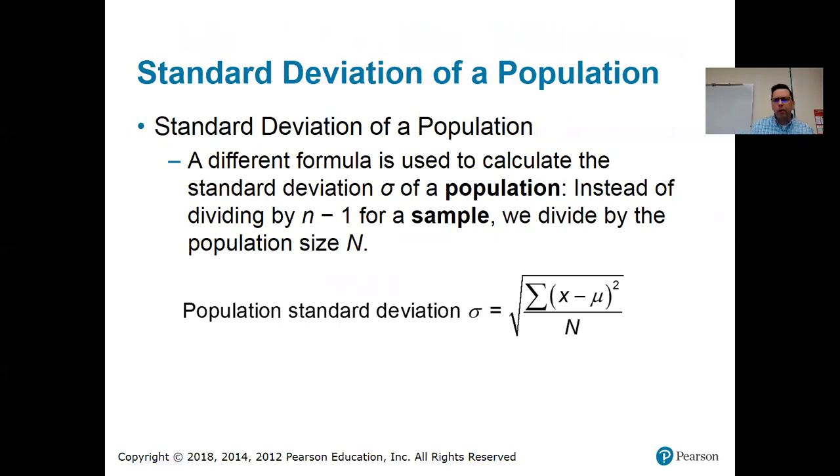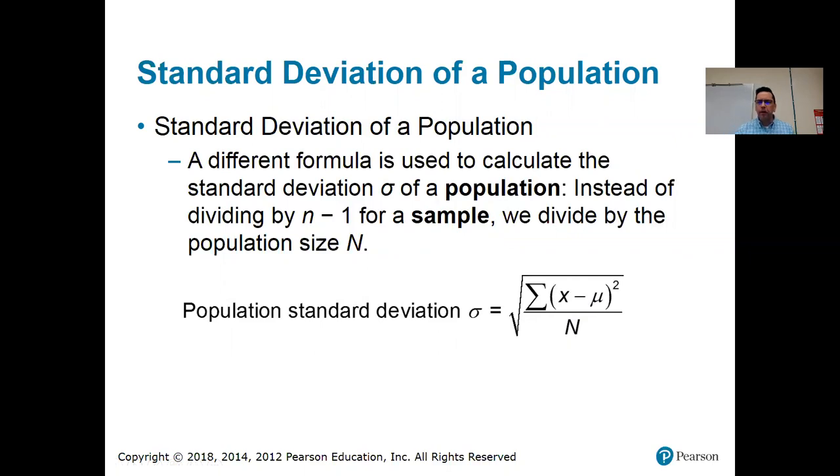Okay. We've been talking about this a little bit in the room just now. Can't remember if I said it on the video. When you're calculating standard deviation of a population, you use the same, this is a different version of the first formula. The only big difference is that you divide by n instead of dividing by n minus 1.